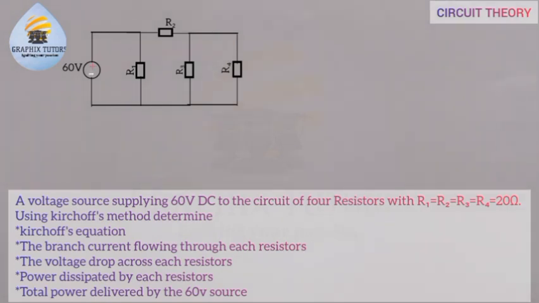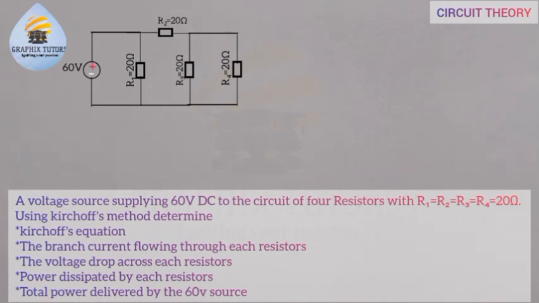And each of these resistors are equal and they have a resistance of 20 ohms, right? Now, we're not told that we should look for the branch current first. So the first thing we have to do is look for the Kirchhoff equations, as suggested by the question.